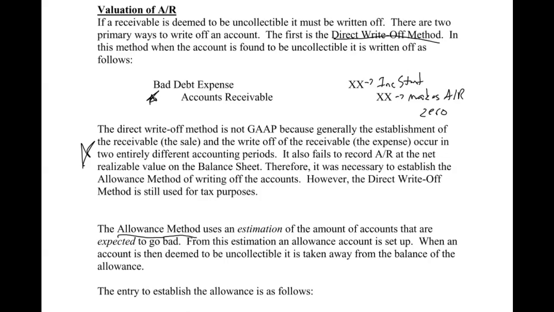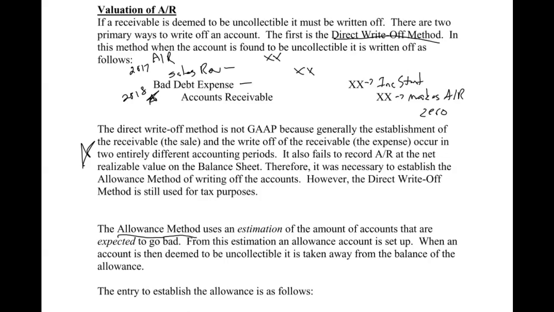So if we think about it up here, we have accounts receivable and sales revenue, and then we have this journal entry here. If this is 2017 and this is 2018, we have the revenue in 2017 and the expense in 2018. So we're not putting things in the correct time period. That's what this paragraph is talking about.